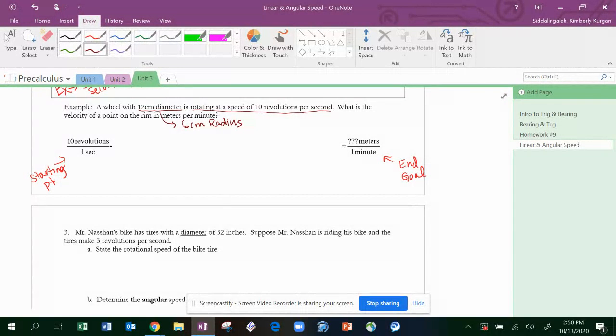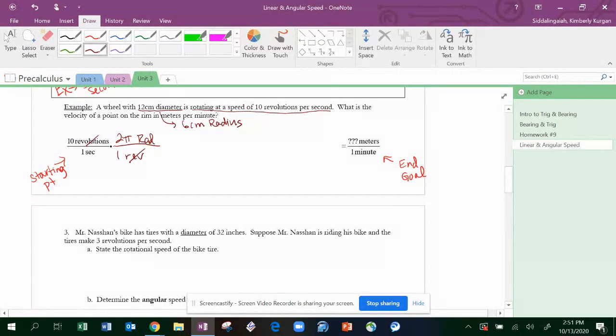Okay, so revolutions per second, and we want to get to minutes. Oof. Let's think about where we're at. With revolutions per second, we need to turn the revolutions into radians. One of the conversions I gave you was that 1 revolution equals 2 pi radians.